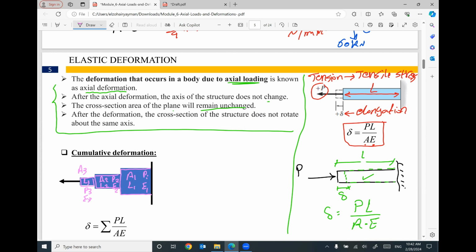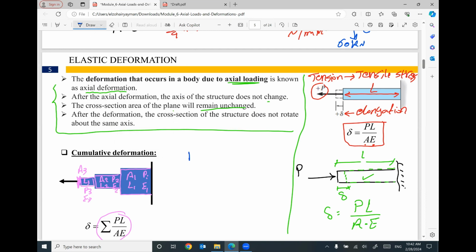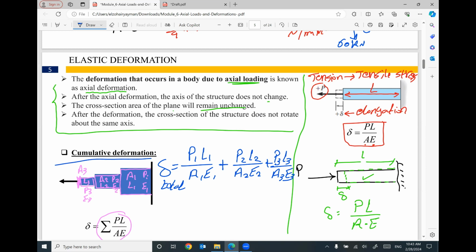And these elements are connected together, so the total elongation or the total contraction will be a summation. I mean, you have to add P1 L1 divided by area 1 E1 plus P2 L2 divided by area 2 E2 plus P3 L3 divided by area 3 E3. This will give you the total elongation that can happen in this element.